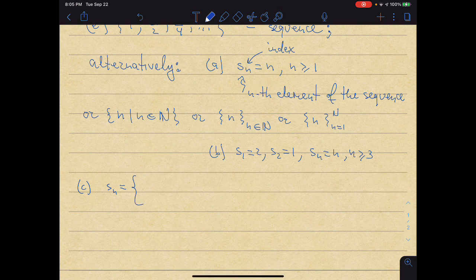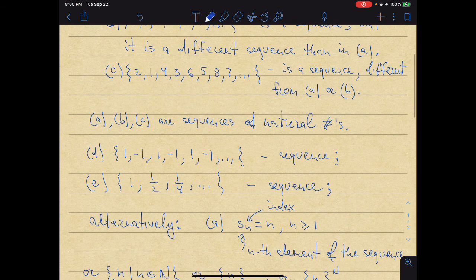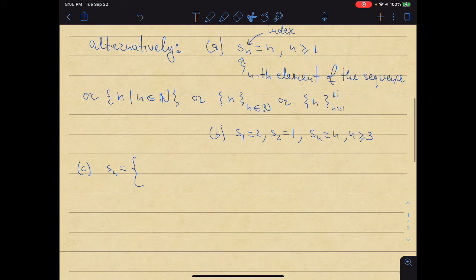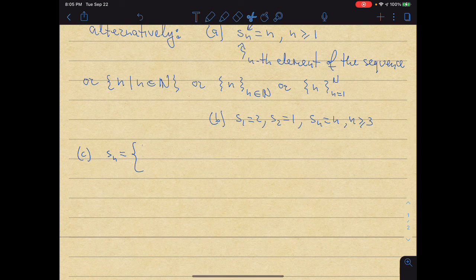If n is odd, then we always have to put an element which is 1 higher than the position of the element. At position 1 we have 2, at position 3 we have 4, so Sn is equal to n plus 1 if n is odd.